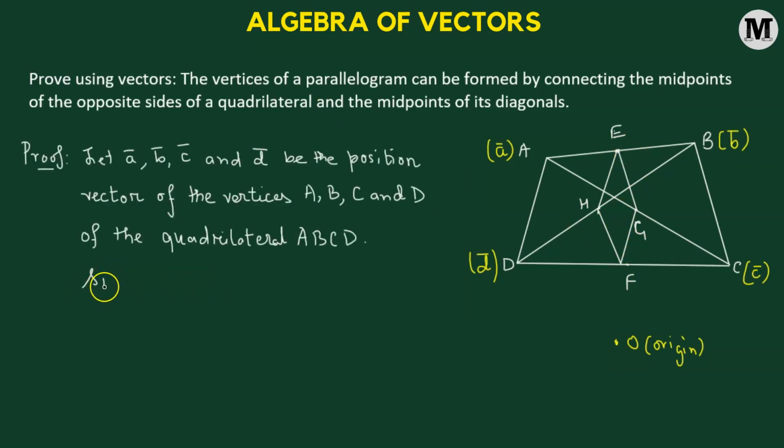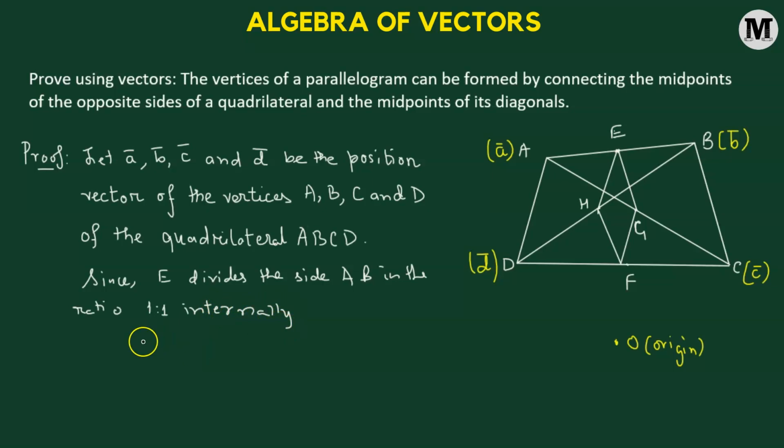Let's start with the point E. So here E is a point that is the midpoint of AB. So we can say here that this point E divides the side AB in the ratio 1:1 internally. So that means here we can apply the internal section formula such that we get OE vector. This will be given by A vector plus B vector divided by 2.